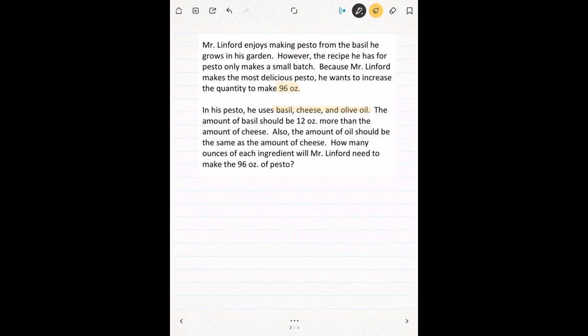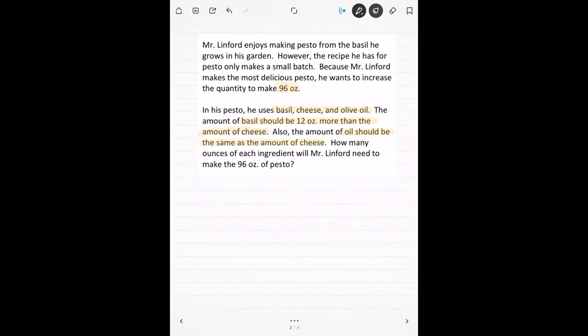The amount of basil should be 12 ounces more than the amount of cheese. Additionally, the amount of oil should be the same as the amount of cheese. How many of each ingredient will we need to make 96 ounces of pesto?